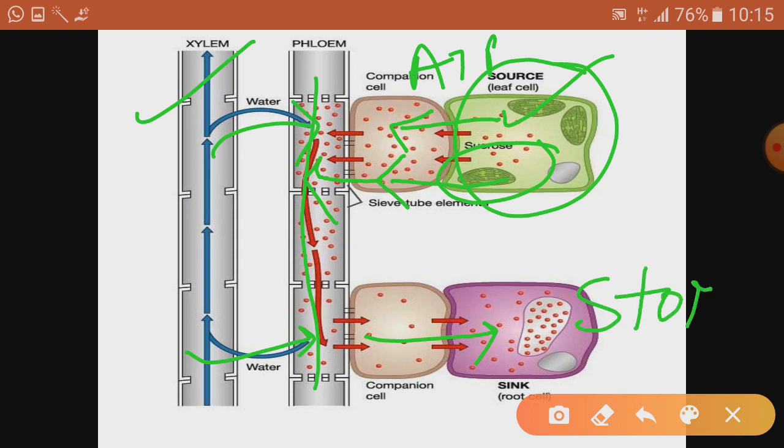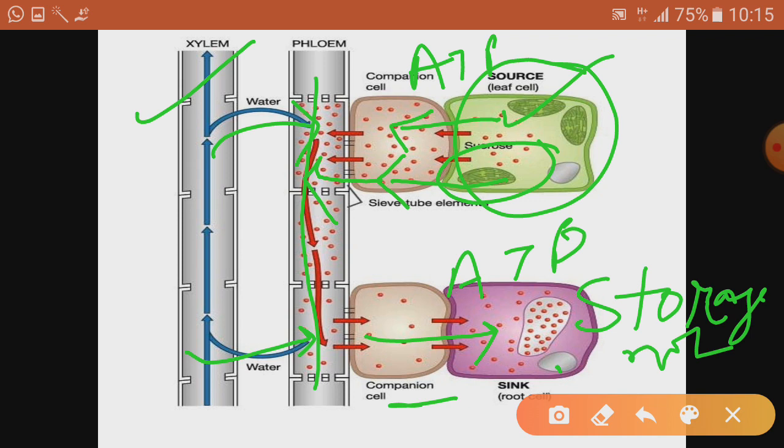Sinks are the storage organs, for example root. So that time also ATP is required. So ATP is utilized twice. First is during uploading of the food from source to the companion cell, or you can say phloem itself, and during offloading of the food from the companion cell to the sink, that is storage organ.